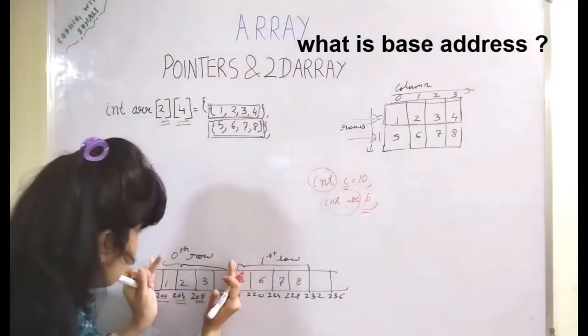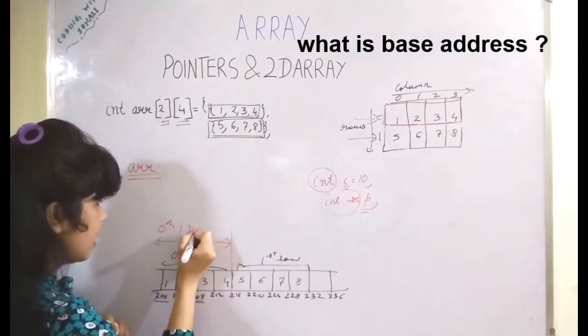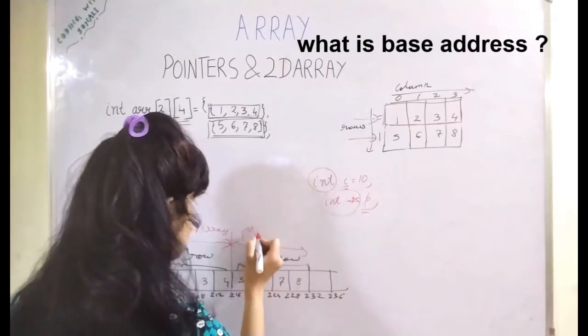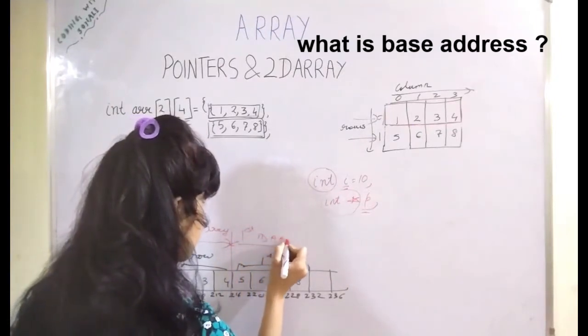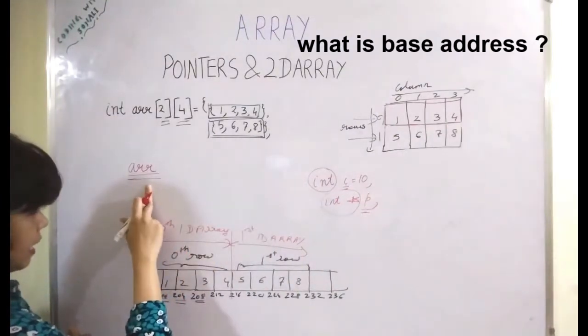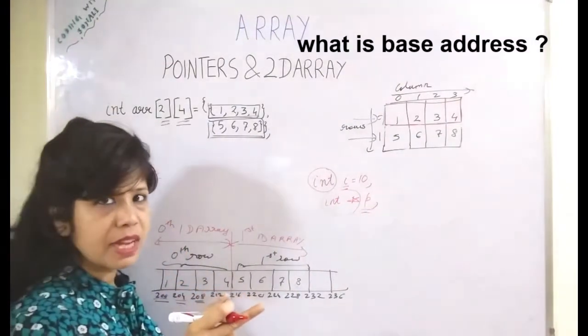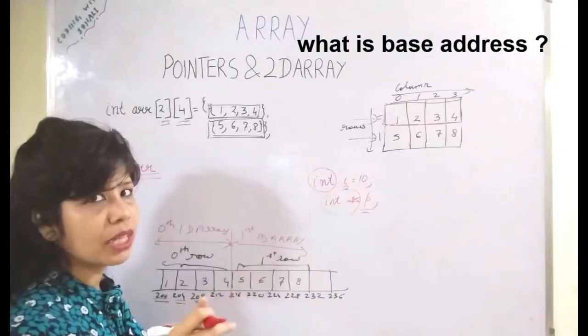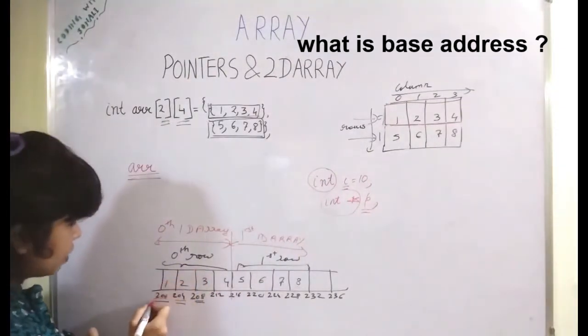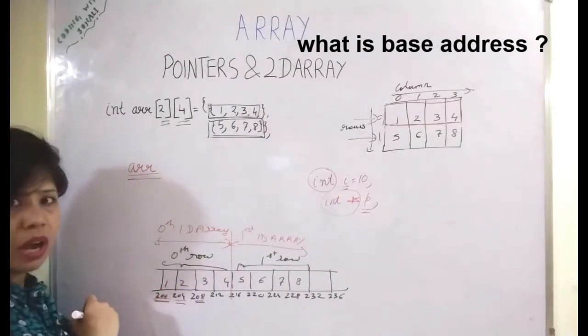This is your 0th 1D array, and this is your first 1D array. If I print ARR, I give the format specifier %p, or you can give %u, to print the address. What you will get is the value 200.